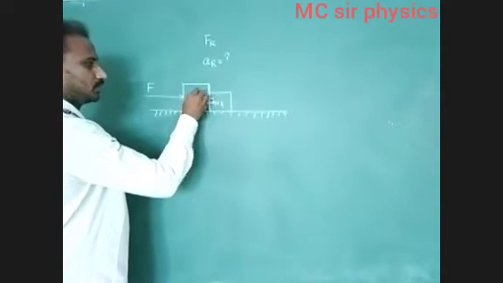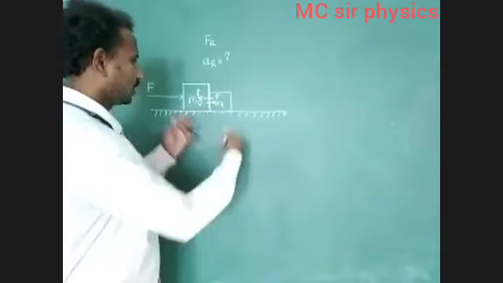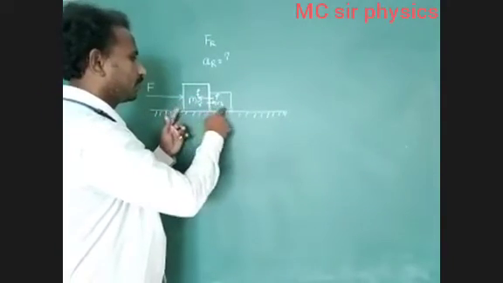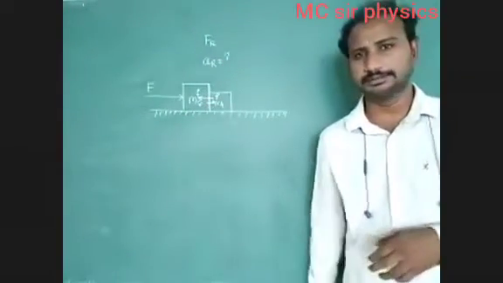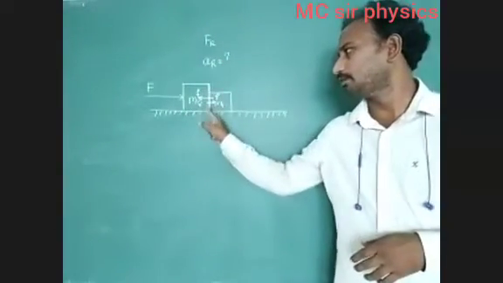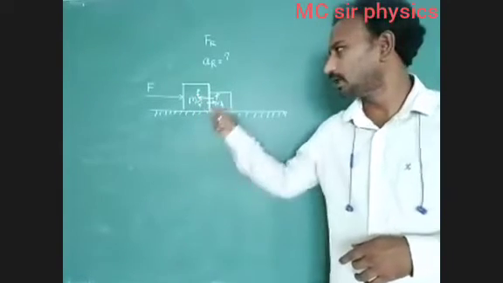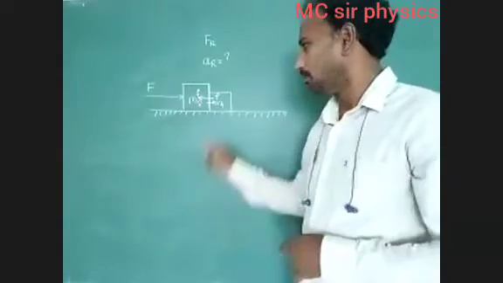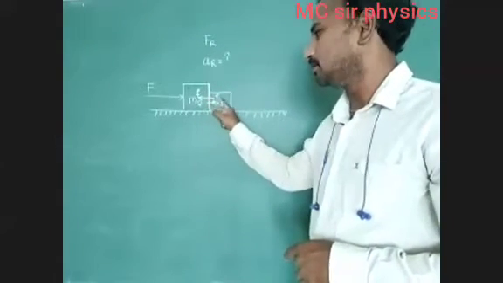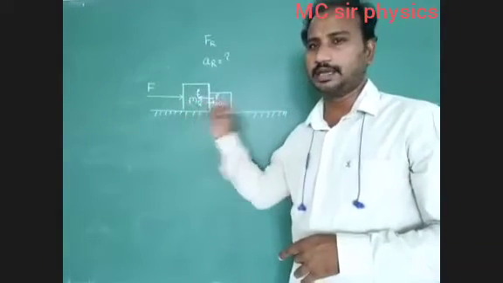We have to consider this contact force. Here, M2 and M1 are connected, which means contact. Because of that reason, we consider that contact force. In both directions, we are getting the same force.